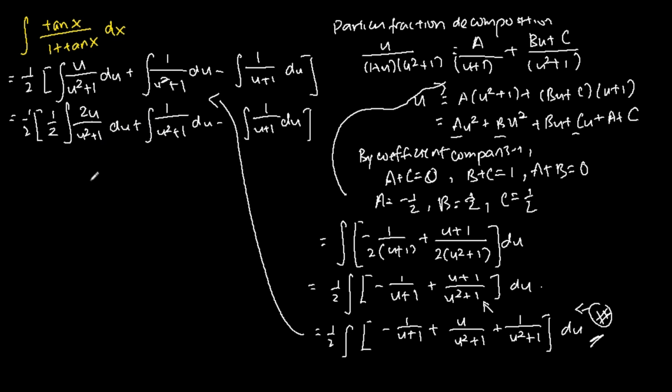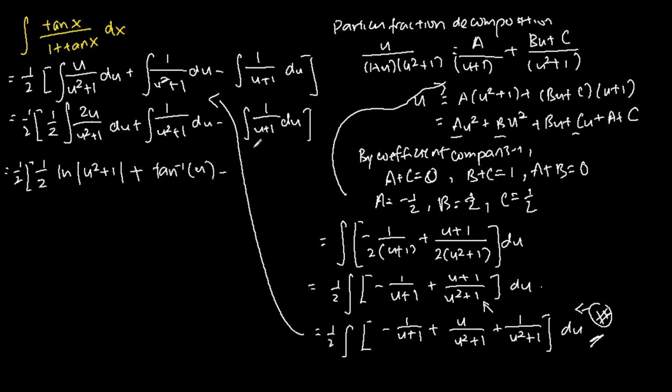Alright, from here we can proceed to evaluate the integrals. For the first integral, the integral of 2u over u squared plus 1 is just ln of the absolute value of u squared plus 1. For the second integral, the integral of 1 over u squared plus 1 du gives us tangent inverse u.